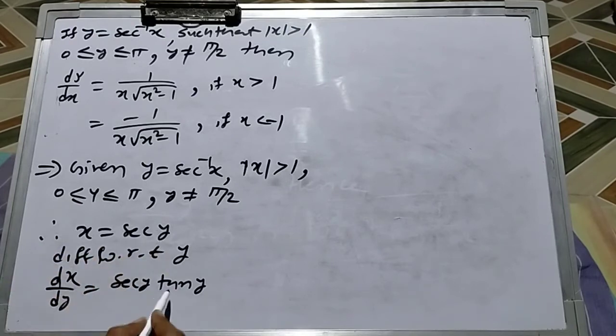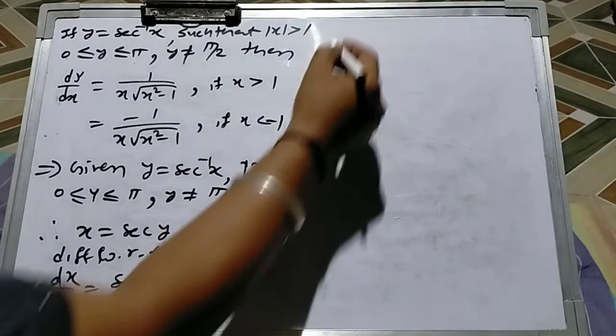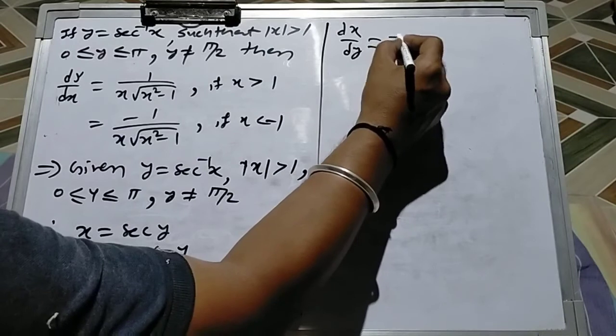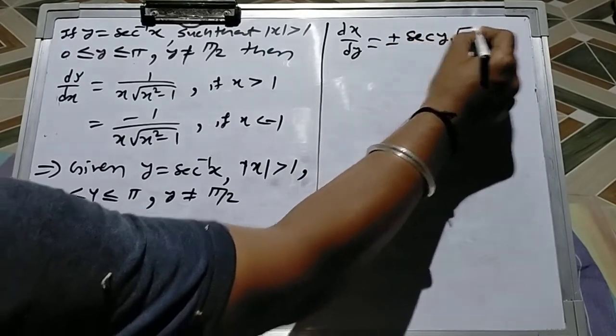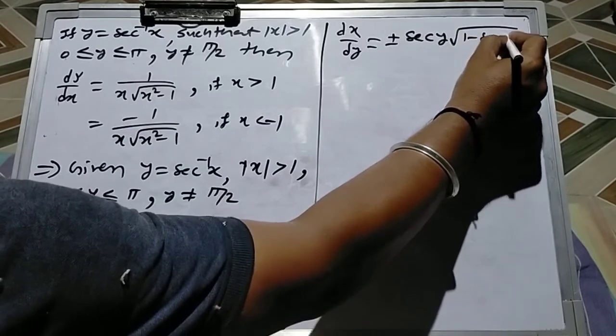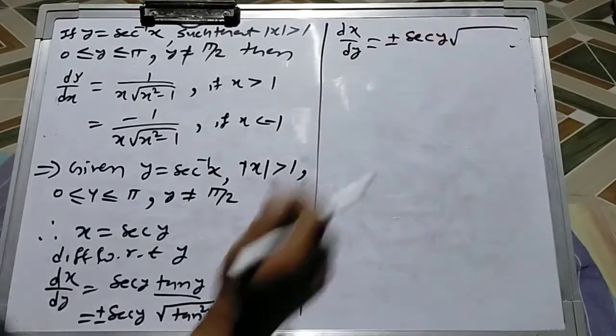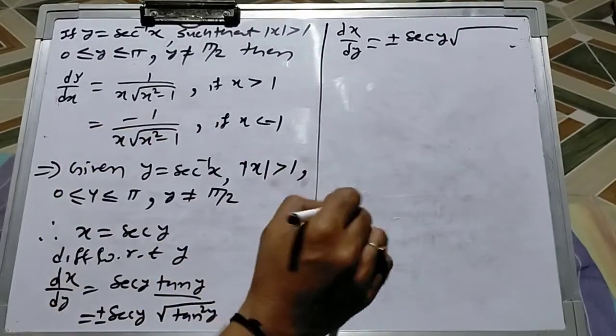Now sec y means x, so this tan y can be written as, so here sec y into tan y means √(tan² y), due to this root here plus or minus. So dx/dy = ± sec y · √(sec² y - 1), since tan² y means sec² y - 1.